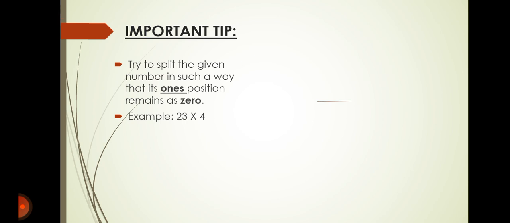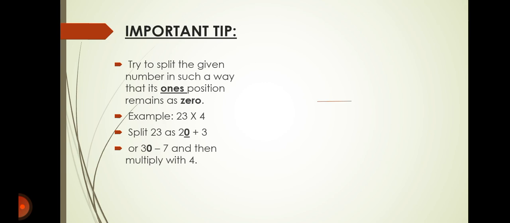It's 23 times 4. So you can split it in two ways. You can do 25 minus 2 is 23, or you can do 20 plus 3, which is 23, or 30 minus 7, which is 23. So over here, if we do 25 minus 2, then in the 25, the number 5 is at the ones position.